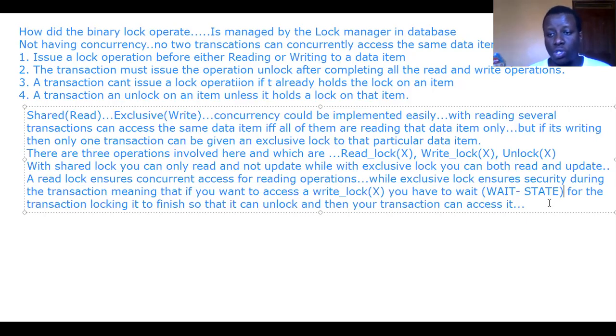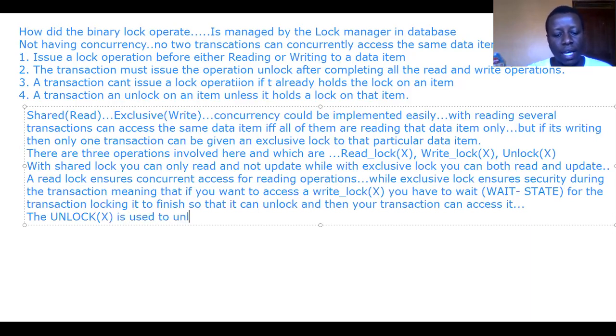So Unlock X is used to unlock a data item once the operation on it has finished, once the operation has been done on it.